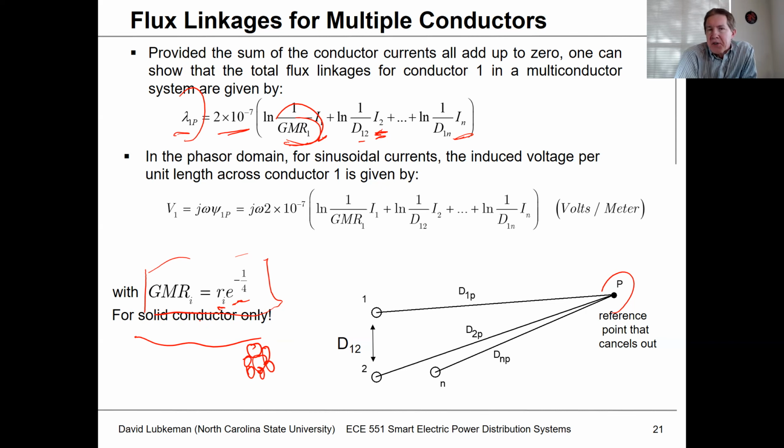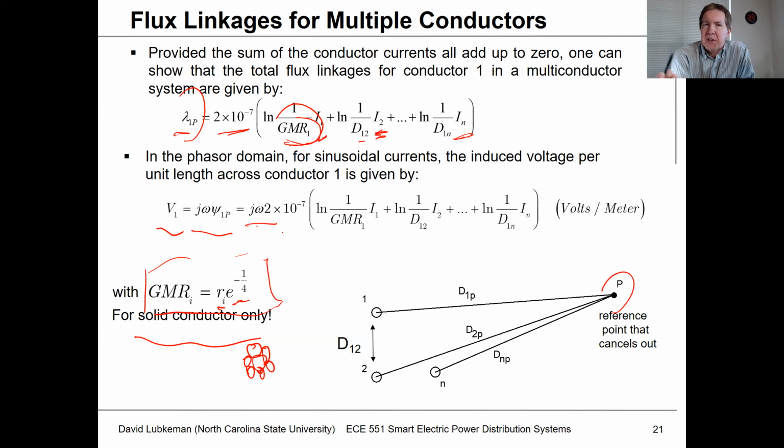Now, if we have sinusoidal currents and we're working in the phasor domain, then our phasor voltage across conductor 1 is going to be j omega times this phasor term for the net flux linkages. If I break this out, then what I'm going to have in the phasor domain is j omega times 2 times 10 to the minus 7.